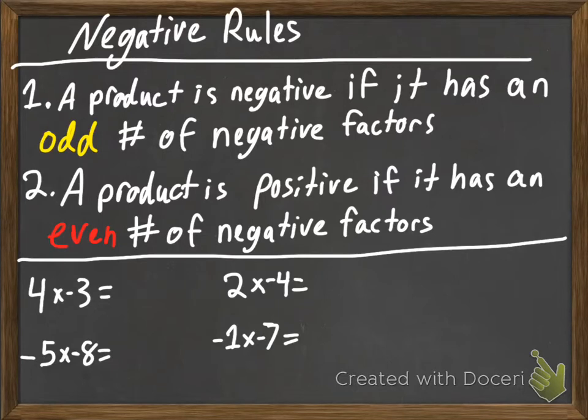So if we look down here at the examples, we have positive 4 times negative 3. So we have one negative factor, so we're going to have a negative answer. Here we have negative 5 times negative 8. Two negatives make a positive, so negative 5 times negative 8 is positive, and it's a positive 40.